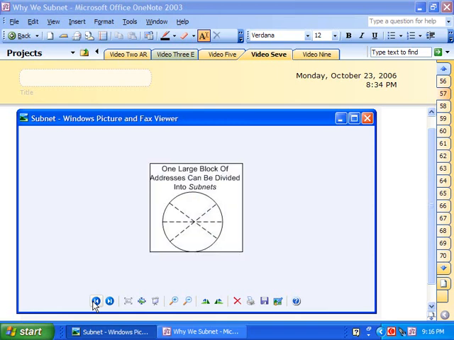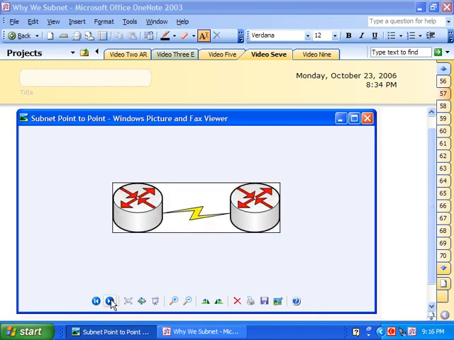And you'll notice here that the slices of my pie, my network pie, if you will, are not the same size.